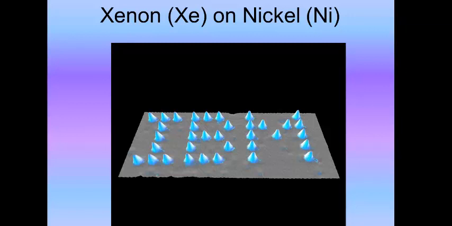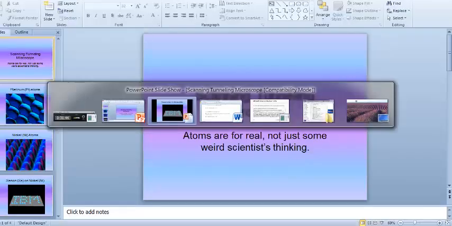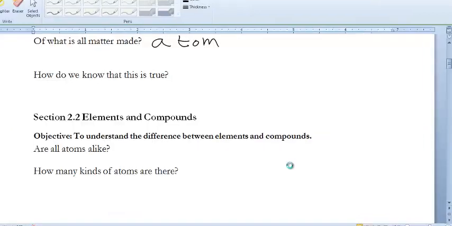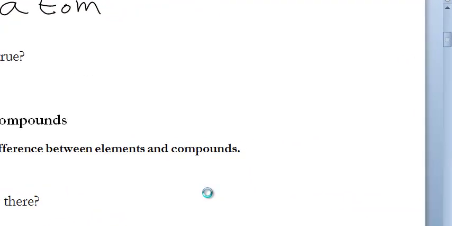And this is a big deal. This was kind of bragging rights on how capable IBM is. But they did this trying to show that they could actually see actual atoms.